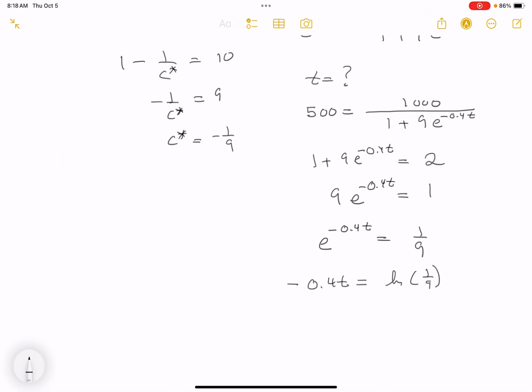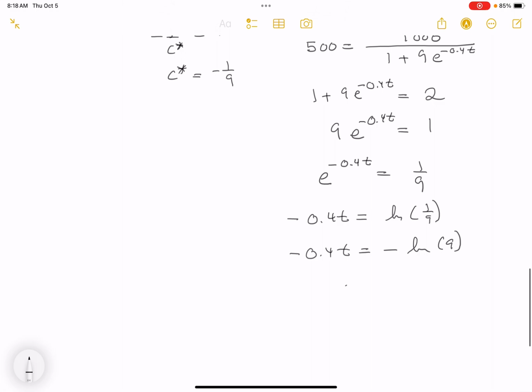All right, that looks a little strange to me. All right, minus 0.4 T. This actually equals minus the log of 9. Well, I think I know what T is right now. What's T going to be? It's going to be the natural log of 9 divided by 0.4.